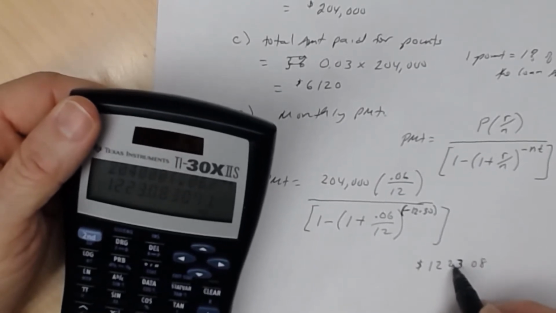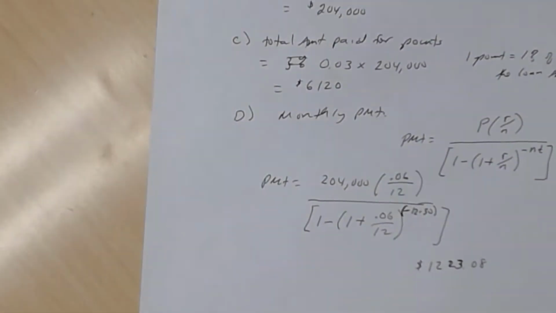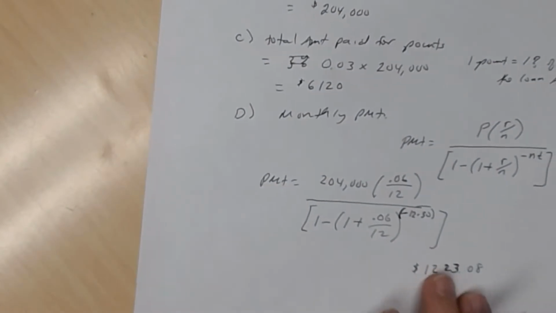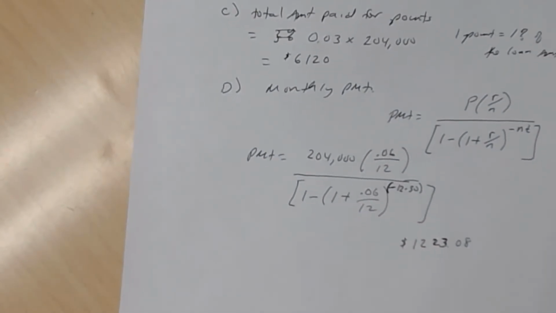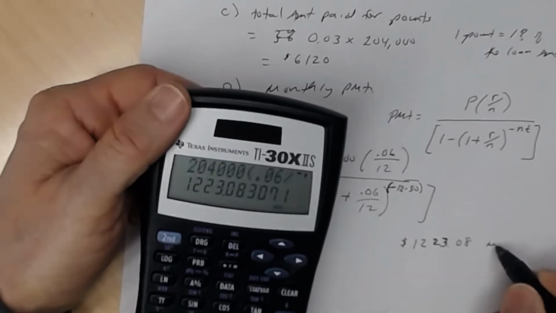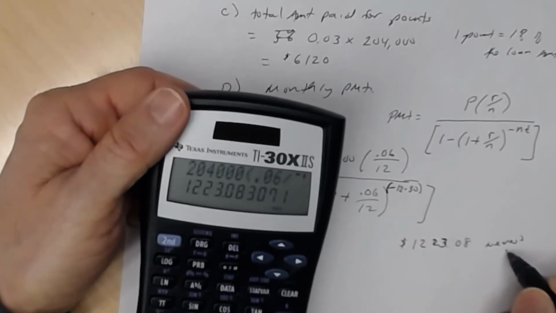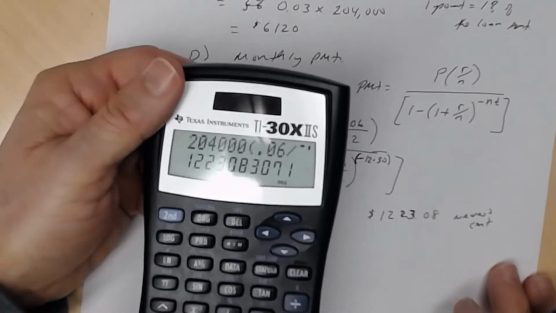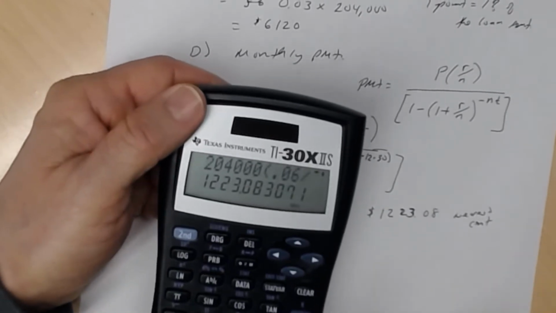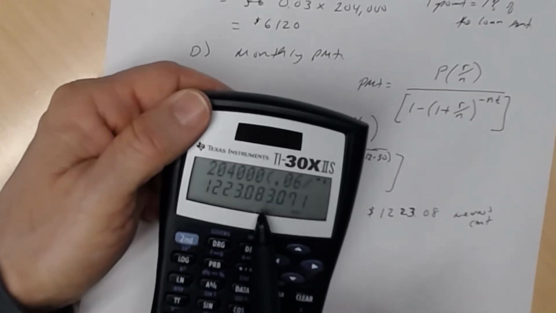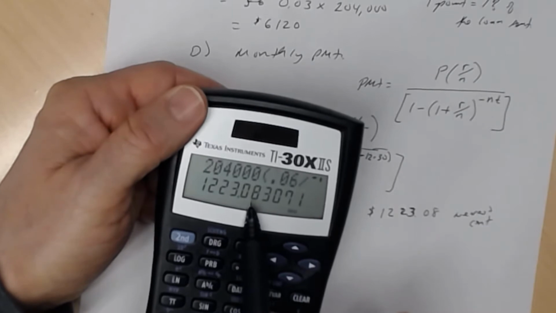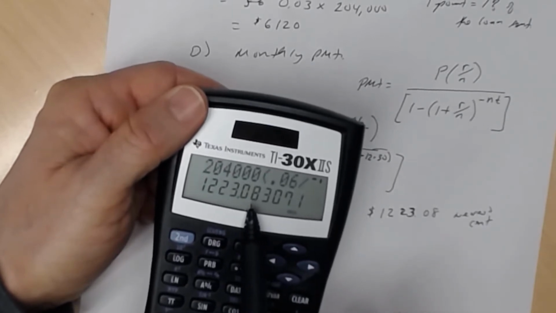Now, sometimes they'll say round to the nearest whole number, sometimes round to the nearest cent. This is to the nearest cent. Nearest cent means the hundredths place. You see how 8 is in the hundredths place? If the next digit was 5 or bigger, this would be a 9. Always remember that when rounding off.